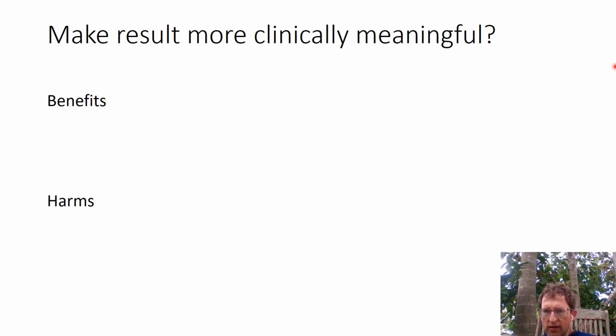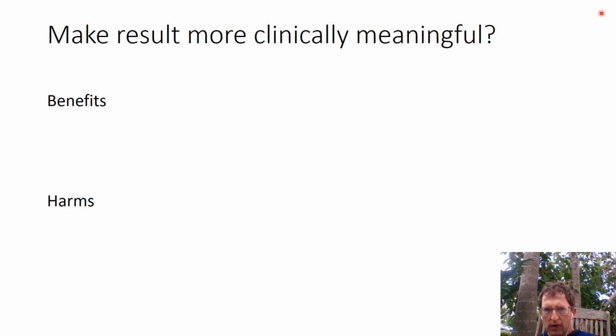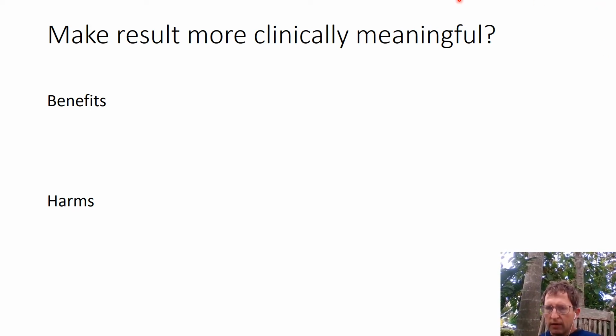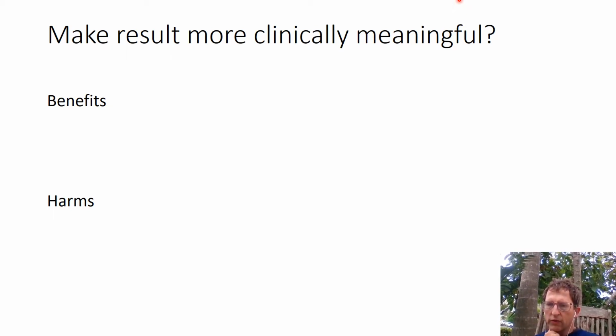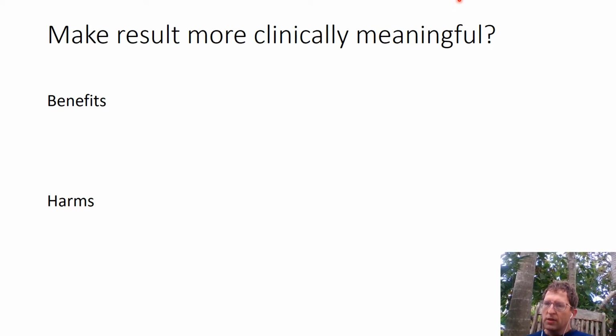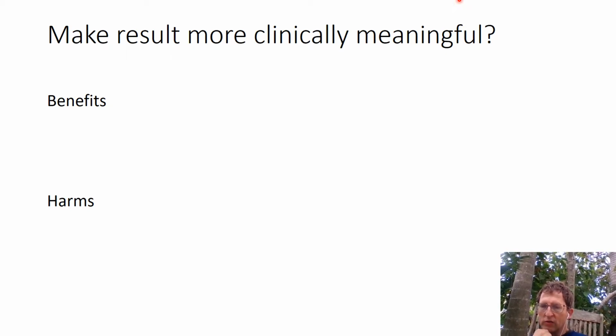Yeah, so now the next challenge is that we're going to try and make the result more clinically meaningful. If I think of a diagnostic study, so if I want to know how an ISTAT compares to a full blood count, the raw result they'll give you will be a sensitivity and a specificity, but to make that more meaningful for a patient, we convert it to positive predictive values or negative predictive values, or probably even more meaningfully, positive likelihood ratios and negative likelihood ratios.